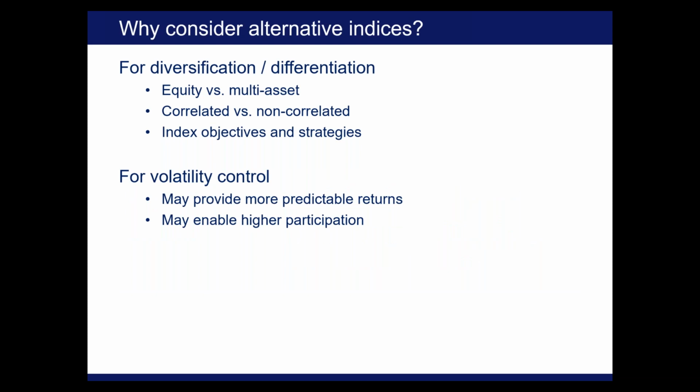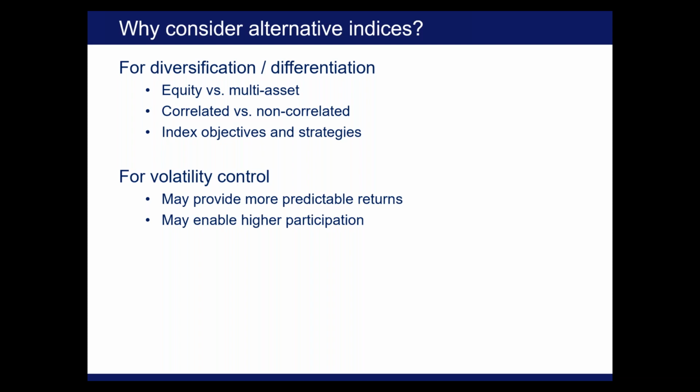So now with a better understanding of how the alt indices work, let's explore some of the reasons why they have become popular. As this slide indicates, alt indices enable differentiation and diversification relative to the S&P 500. Because the underlying components are different, an alt index may zig when the S&P zags. In addition, the underlying algorithm may attempt to generate higher returns than the S&P 500 or other indices.